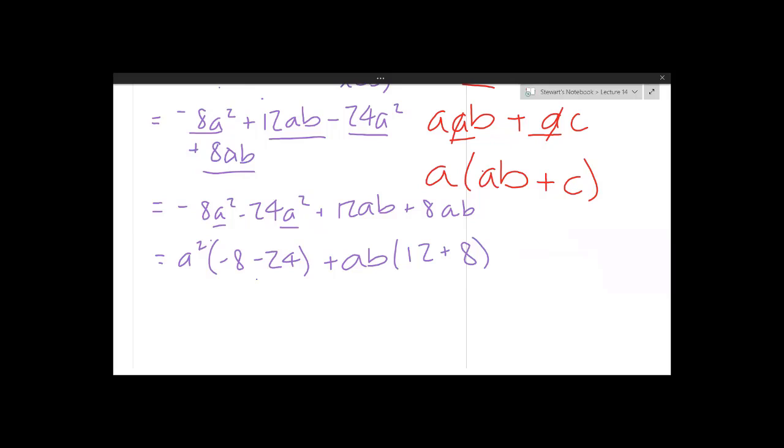And then we can simplify what's in parentheses. Negative 8 minus 24, however you want to think about it, is negative 32. So we're left with negative 32 times a squared. And then 12 plus 8 is 20, so plus 20ab. And that would be as simplified as we could get.